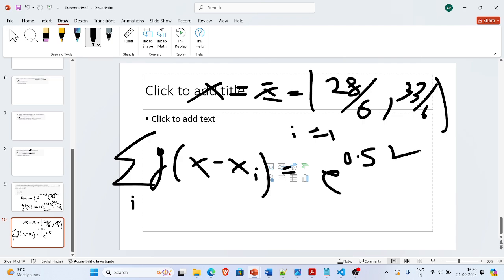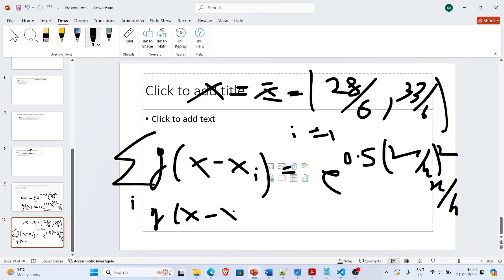When you're calculating gx minus x1, what will this be? e to the power minus 0.5 times x minus x1.